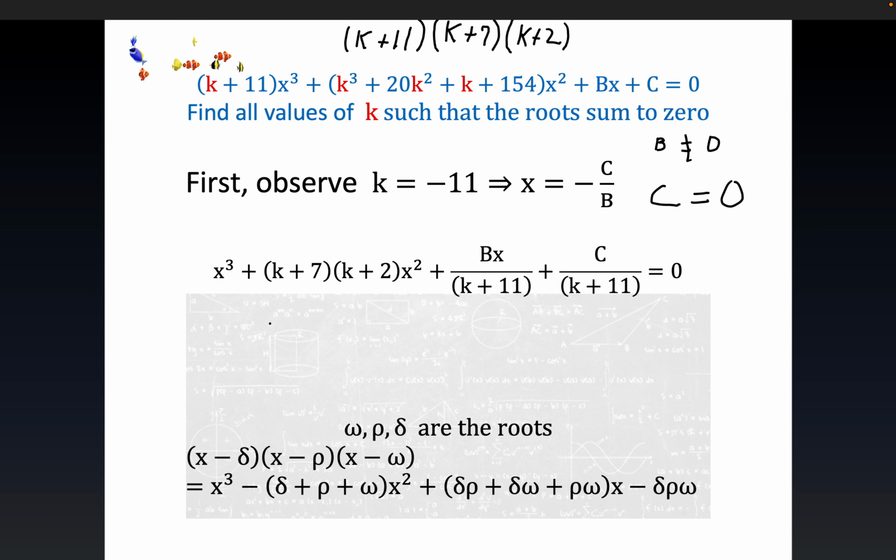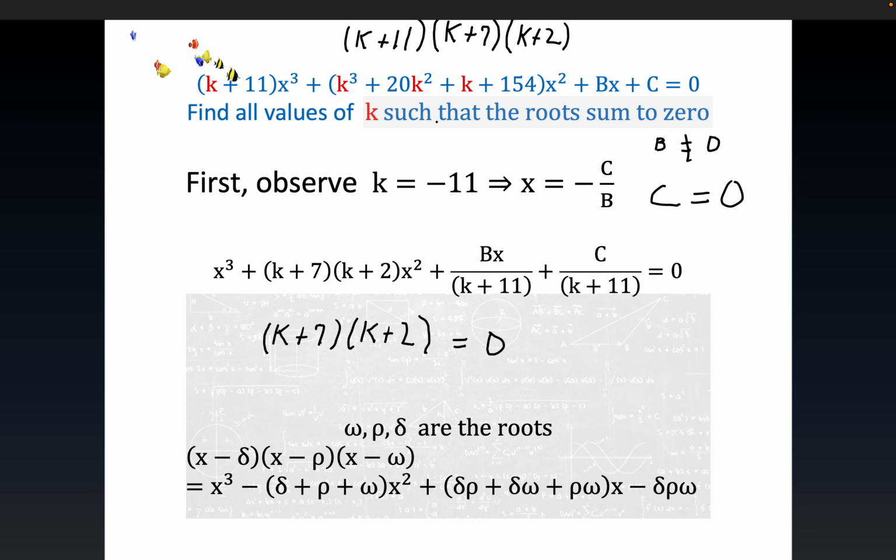Well, we see that k plus 7 is already factored for us, which is useful. So we have k plus 7 times k plus 2. And those of you that have Vieta's memorized, or you just understand the principles of how the roots present as coefficients in various forms, they're called elementary symmetric polynomials, by the way, you get this is equal to 0. We're saying the roots have to sum to 0, right?